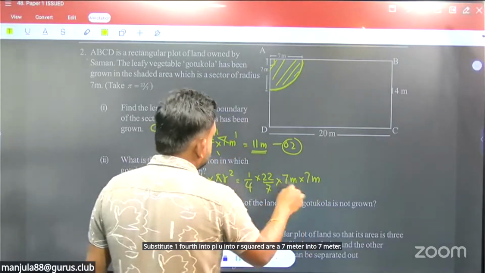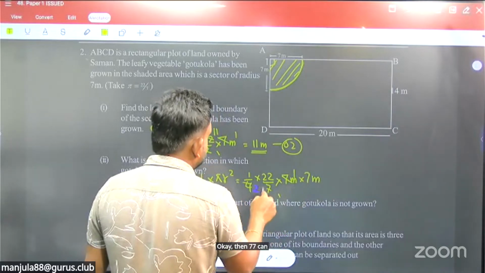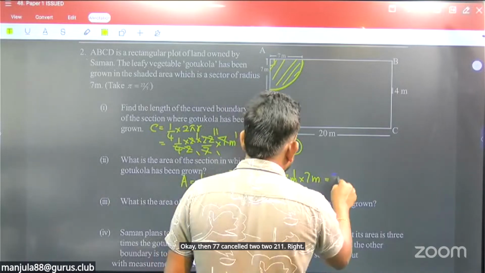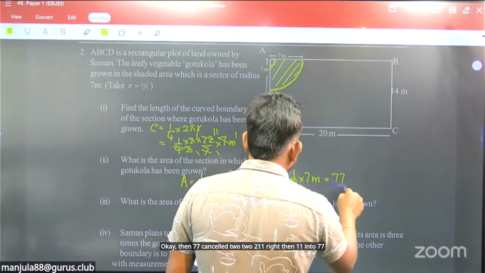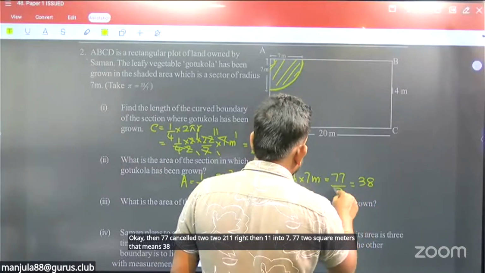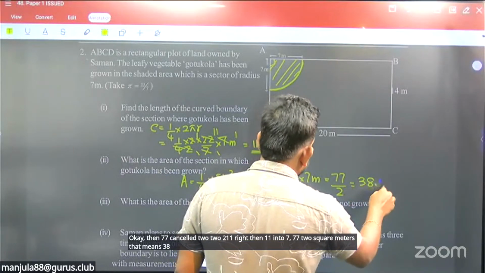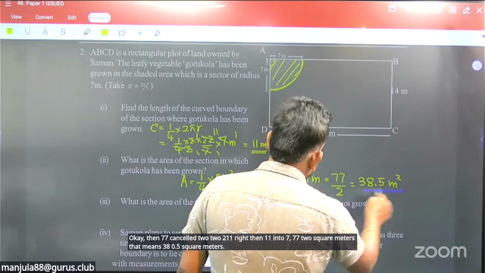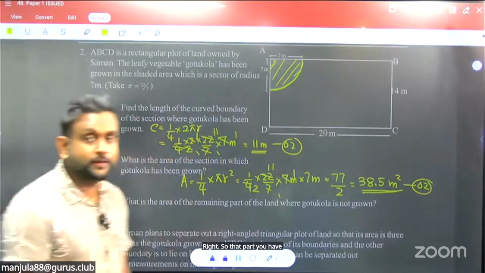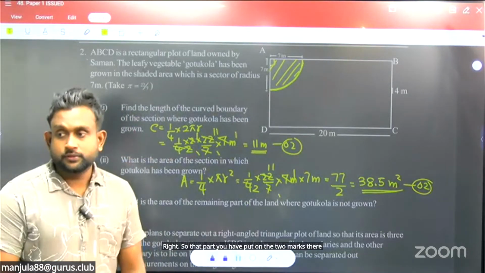Then 7 and 7 cancel. 2, 2, 2, 11. Then 11 into 7, 77 upon 2 square meters. That means 38.5 square meters. So for that part you have 2 marks there.